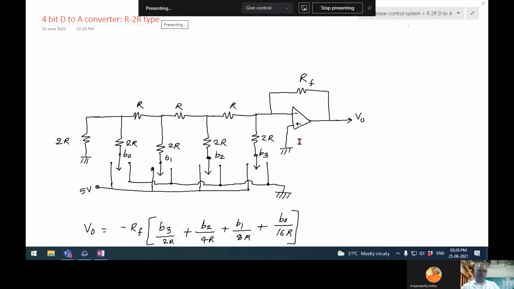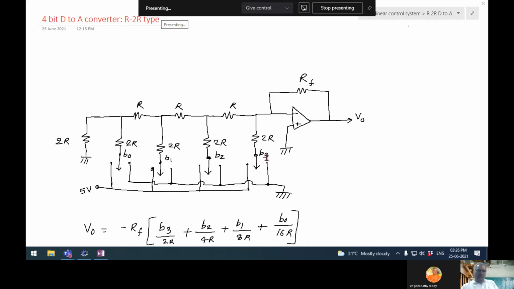Here 2R parallel 2R is equivalent to R, in series with R, again 2R parallel 2R, again R plus R is 2R, like that it will go. So this is the structure.